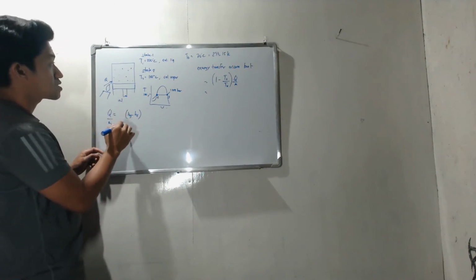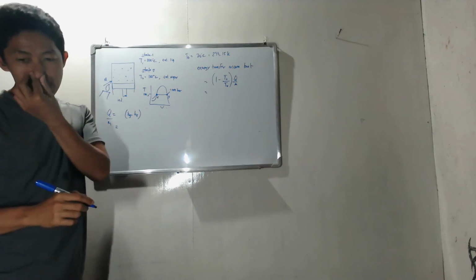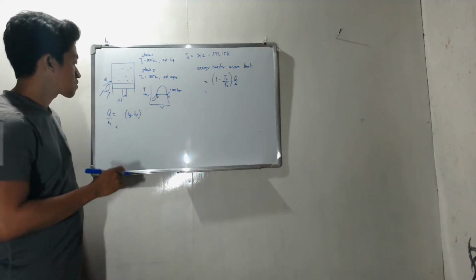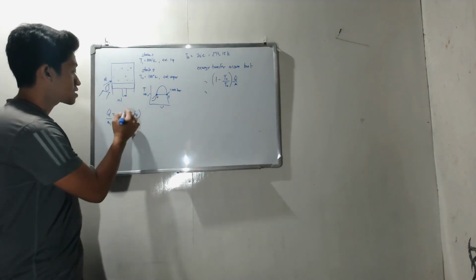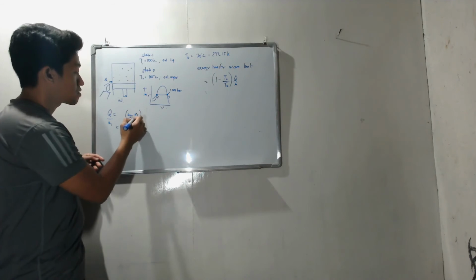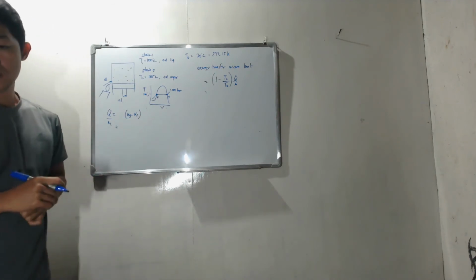Therefore, Q over m is just 2087.56, since this is a closed system.